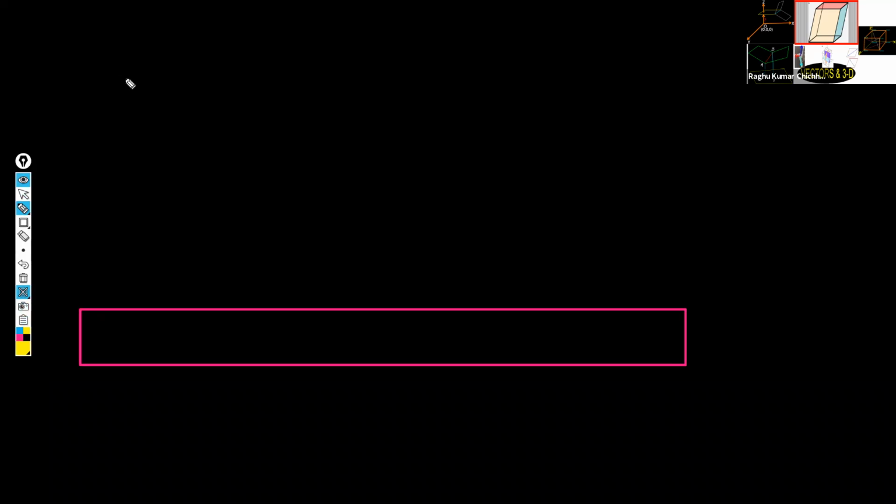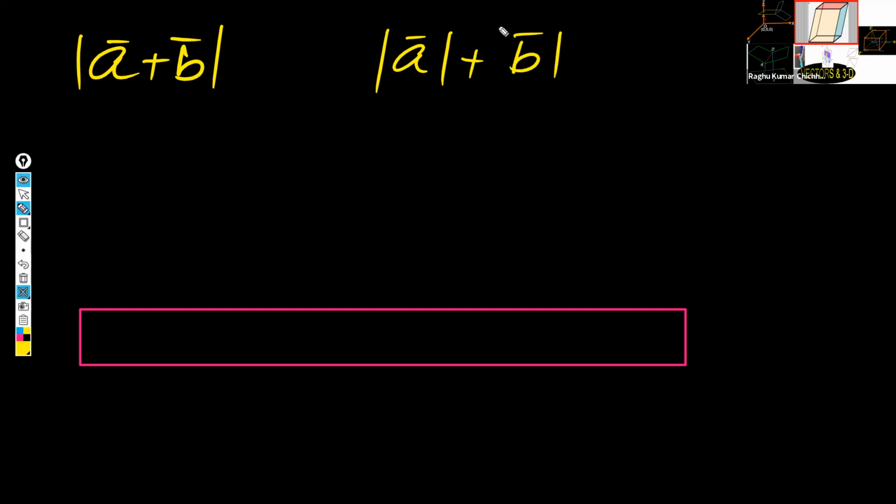See, now there are two vectors here, A bar plus B bar, under the modulus, and you want to split them as mod A bar plus mod B bar according to the need.